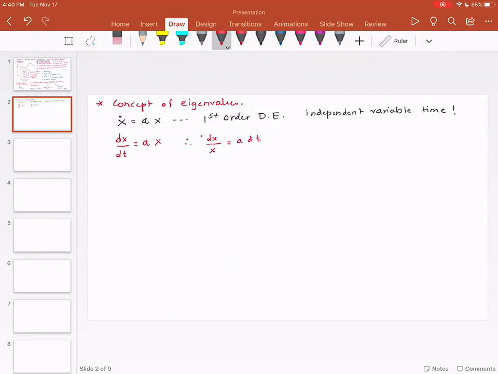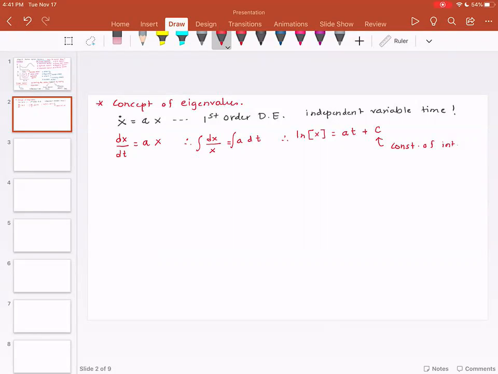And now I need to integrate left and right. When I integrate the left hand side, I have ln of x and I have a t plus c, where c is the constant of integration.